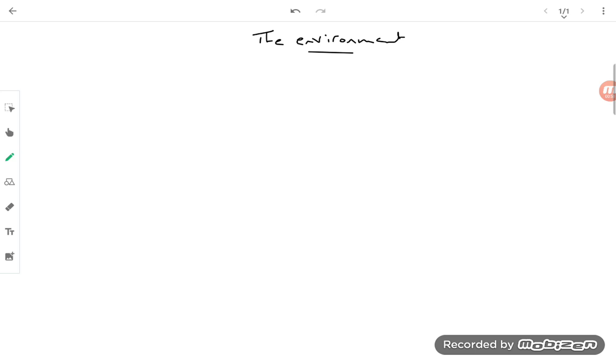What's meant by pollution? Pollution means waste that is not recycled.